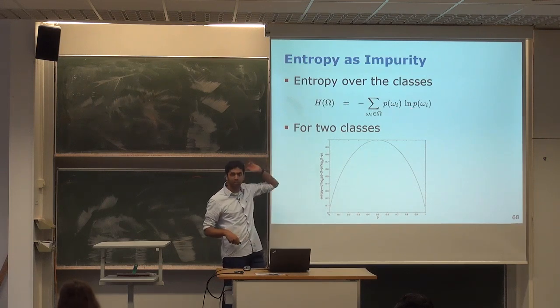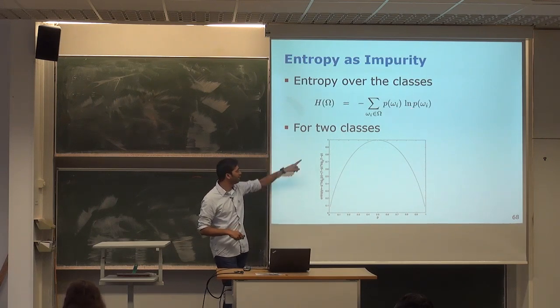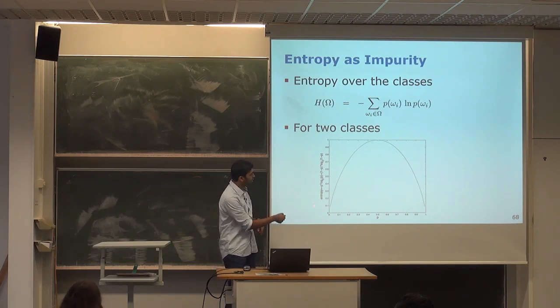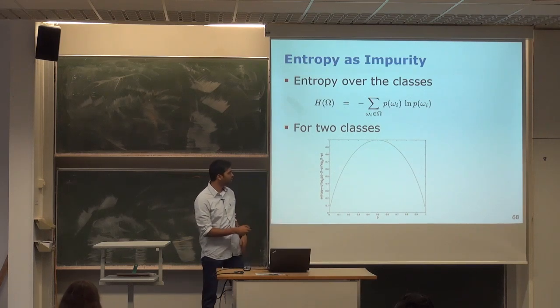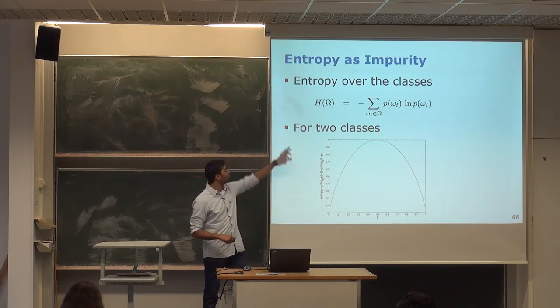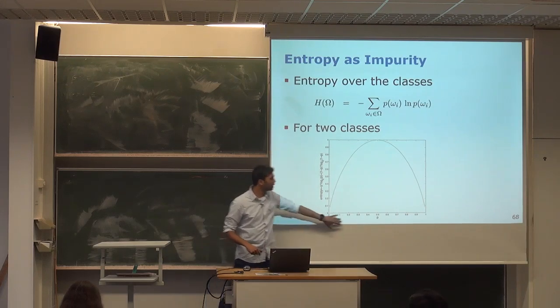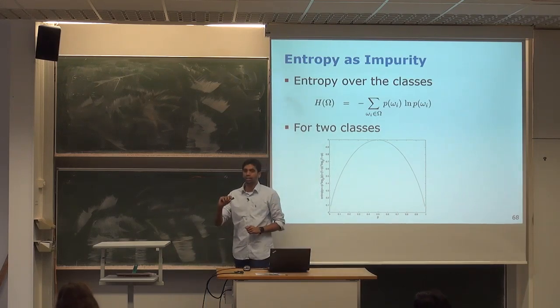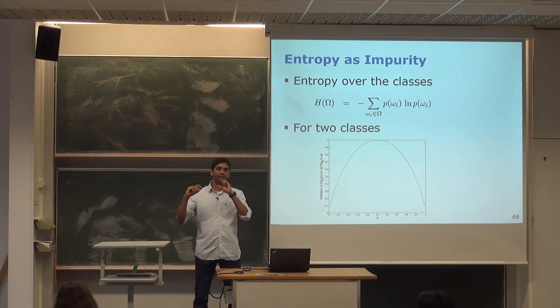Of course, there's a minus outside in there. And this is what you see on the y-axis here. So what I've plotted here, on the y-axis, is the entropy, or this H, for a particular region omega, and what you see on the x-axis instead is the probability of, say, class 1, omega 1.